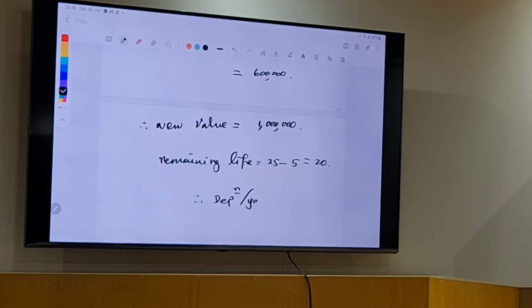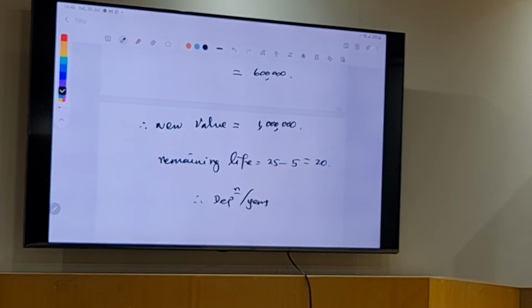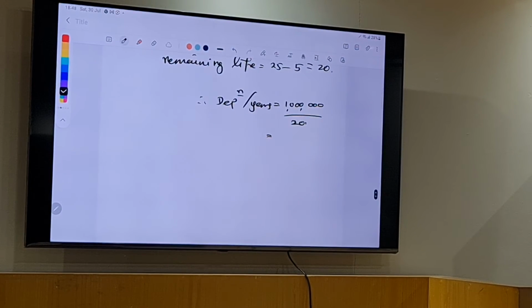So therefore, depreciation per year for the new value. This new value 1 million, yeah? How much is it? 50,000. How did you get the answer? Subtracted 750,000 from 1 million and then divided by 5.